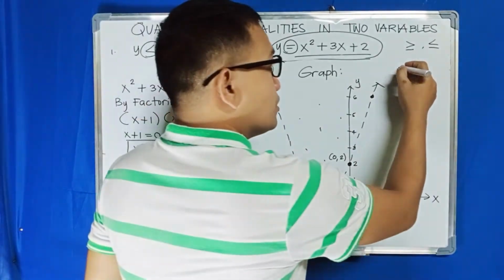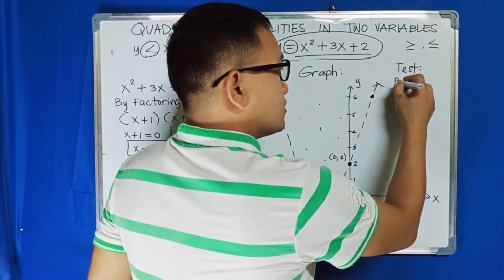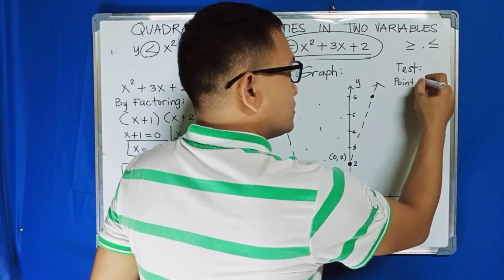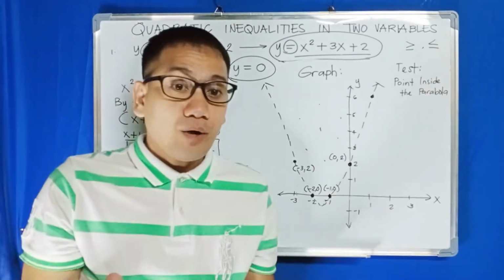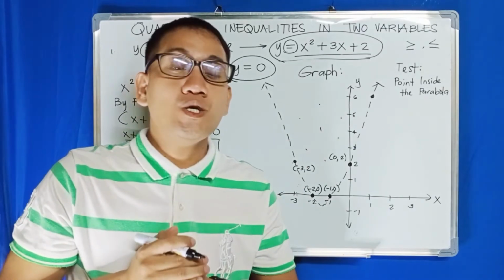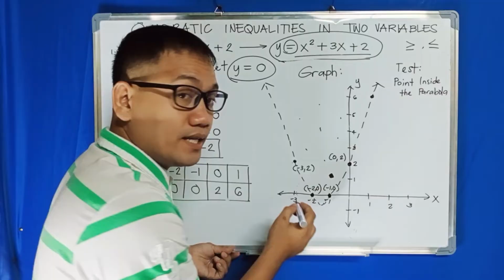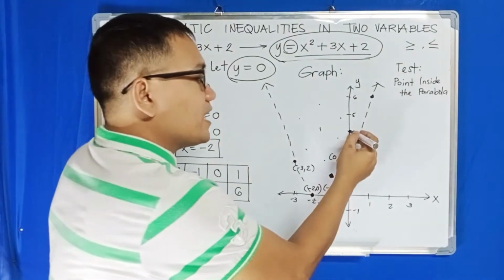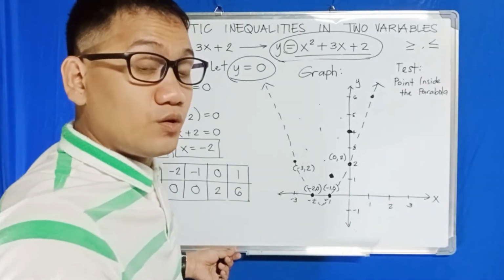So we will try to test a point inside our parabola. Okay. Any point that is inside our parabola can be utilized in testing. So I can have this point negative 1, 1 as my testing point. I can have this point as my testing point, which has a coordinate of 0, 4.